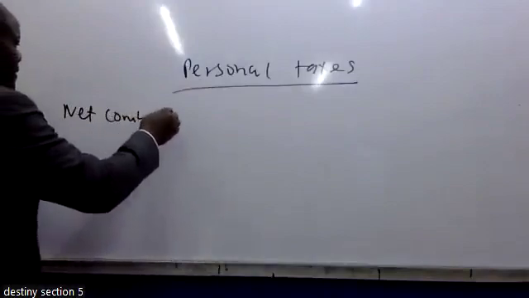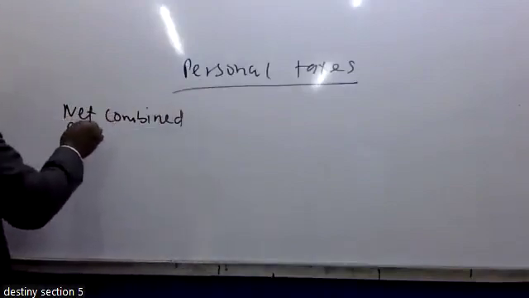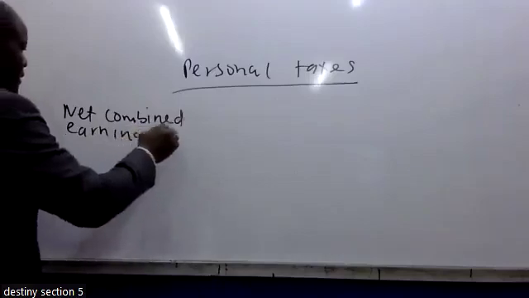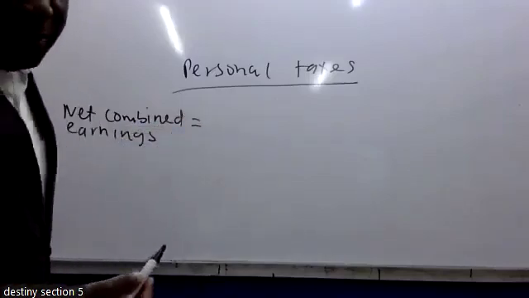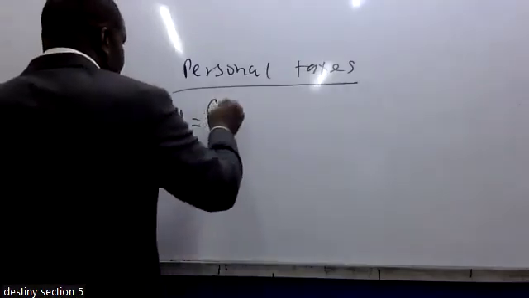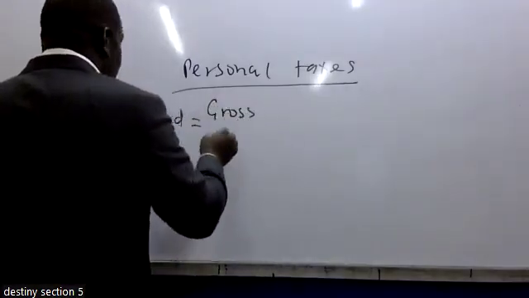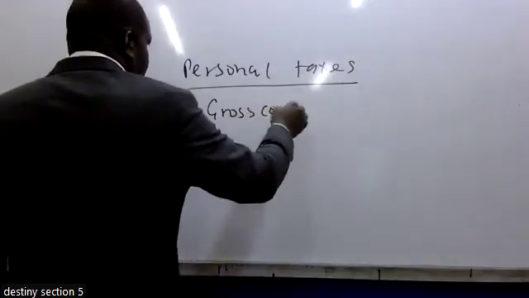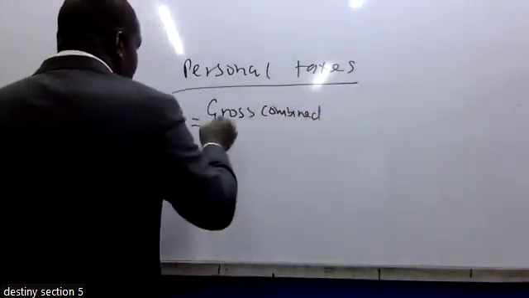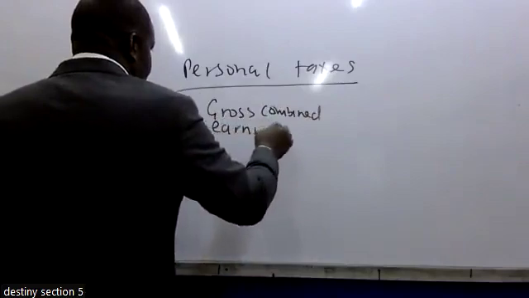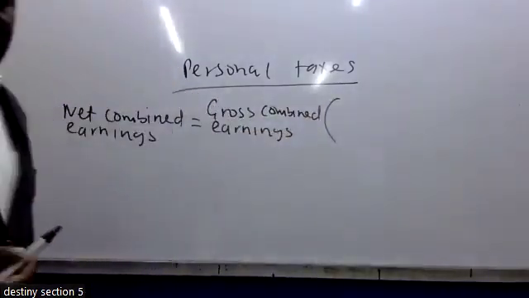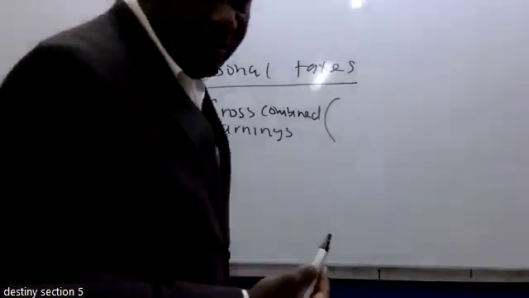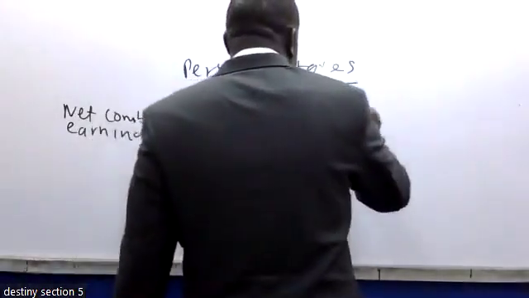The net combined earnings will be equal to the gross combined earnings, then in the brackets, 1 minus the personal tax rate.